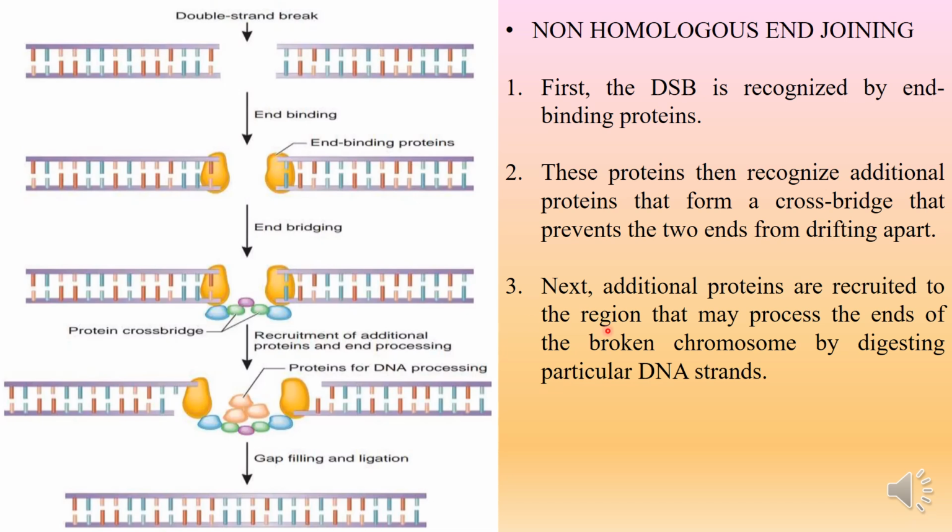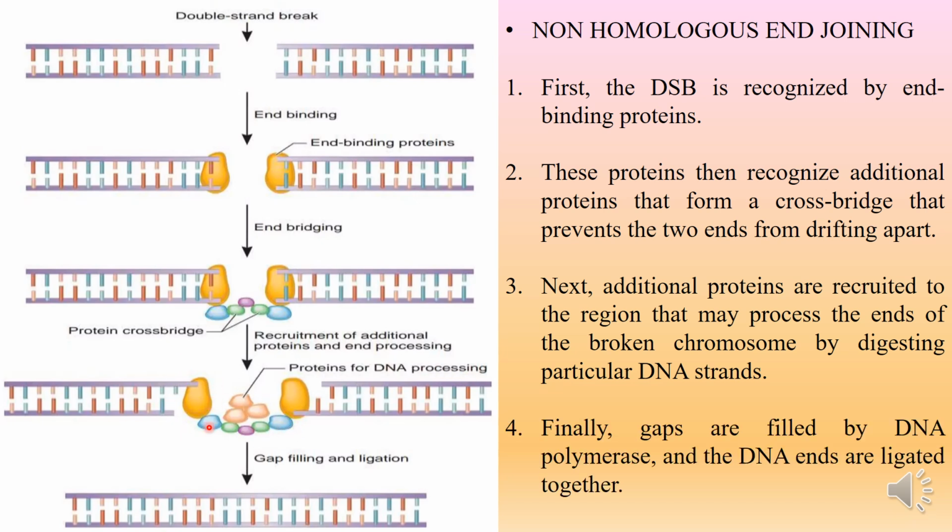Next step is that additional proteins are recruited to the region that may process the end of the broken chromosome by digesting particular DNA strands. So here these proteins align and they do the DNA processing. Once the DNA is processed and the defective parts are removed, the gaps are filled by DNA polymerase and then the DNA ends are ligated together.